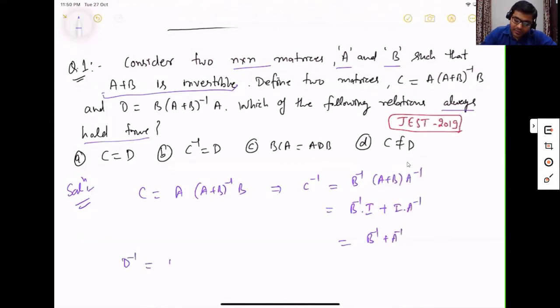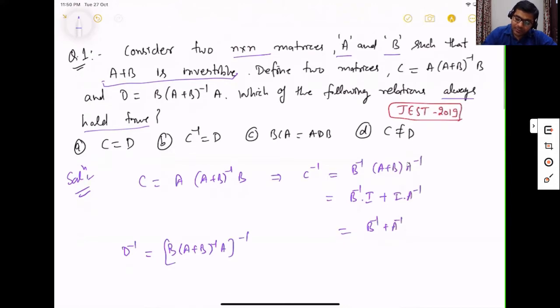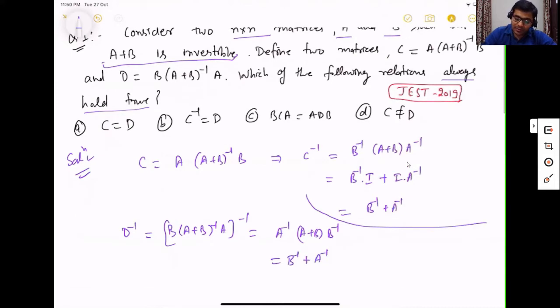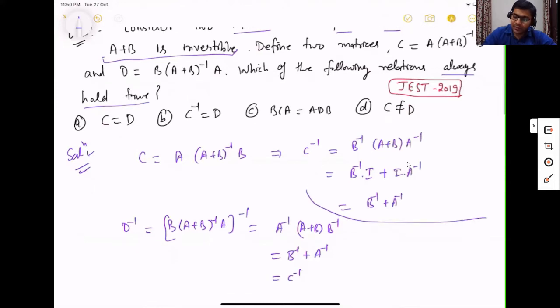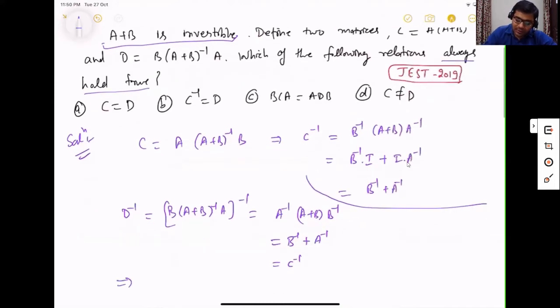D is given as B into A plus B inverse A, the inverse of this will give me A inverse A plus B B inverse, which will be equal to B inverse plus A inverse, which is nothing but the C inverse. So what we have found is that D inverse is equal to C inverse.